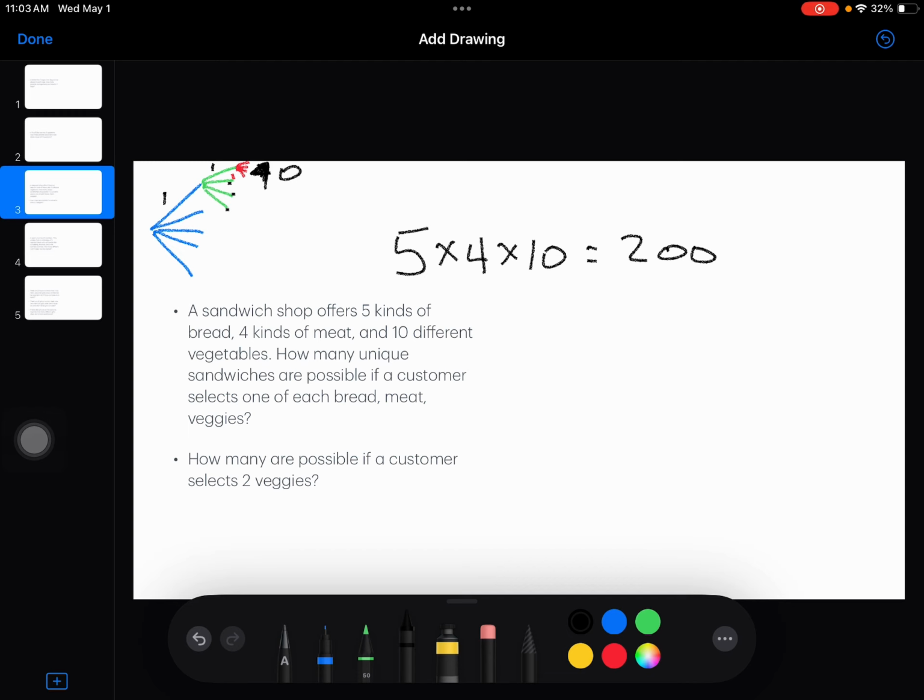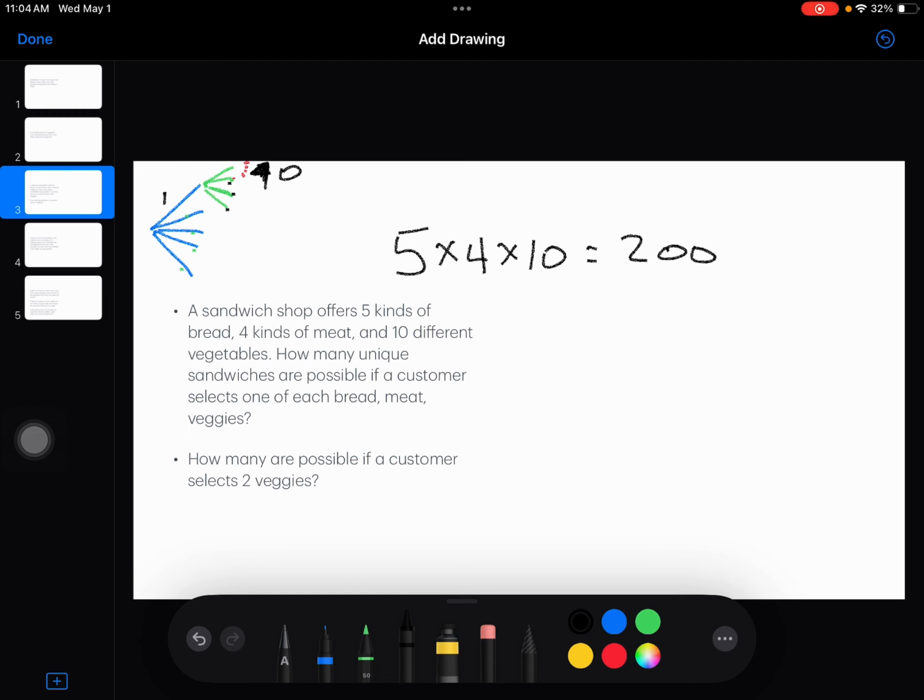For bread type number 1, then we're just going to multiply it by 4 because we got 4 meat types for each bread type. And then we're going to be left with 4 times 10 for that first bread type, which is 40. We got 5 bread types, and so 40 times 5 is 200.